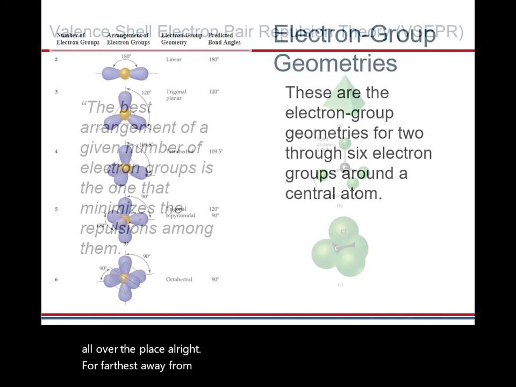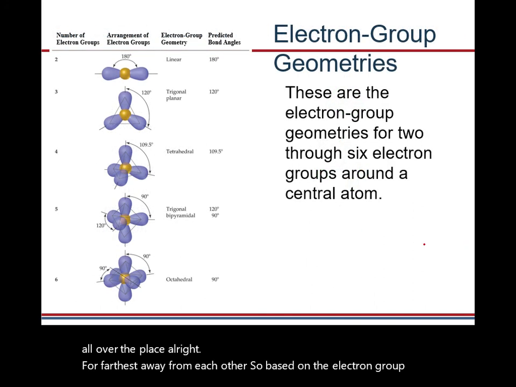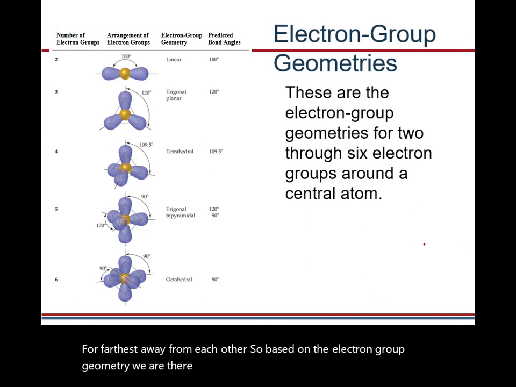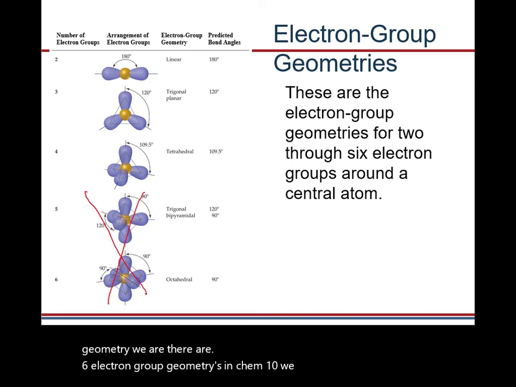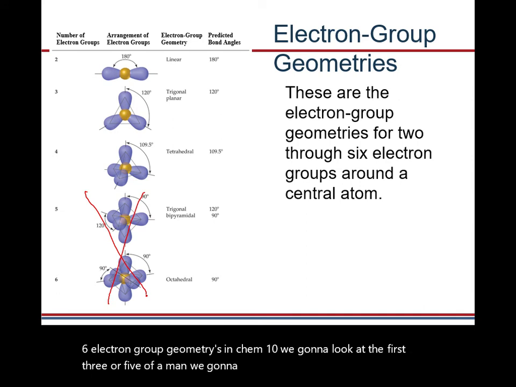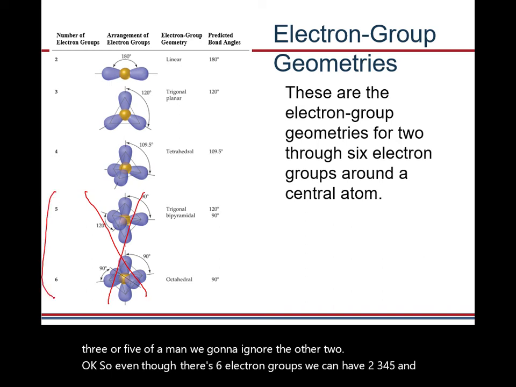So based on the electron group geometry, there are 6 electron group geometries. In Chem 10, we're going to look at the first 3. There are 5 of them, and we're going to ignore the other 2. Okay. So even though there are 6 electron groups, we can have 2, 3, 4, 5, and 6. We're going to ignore the 5 and 6.